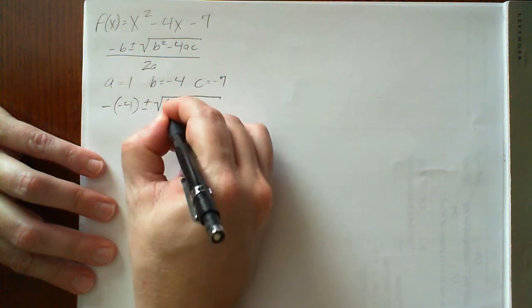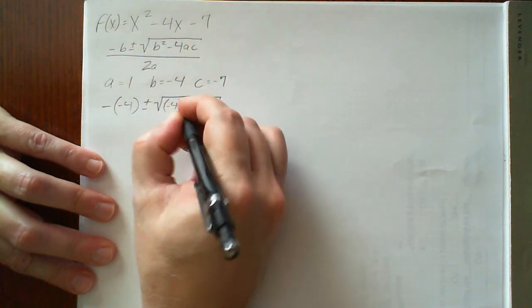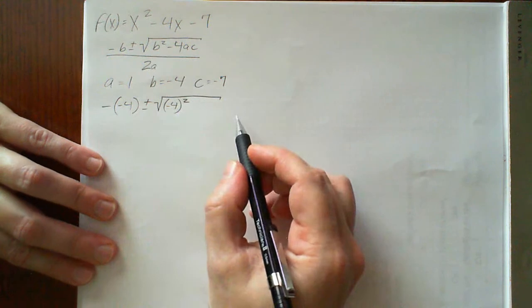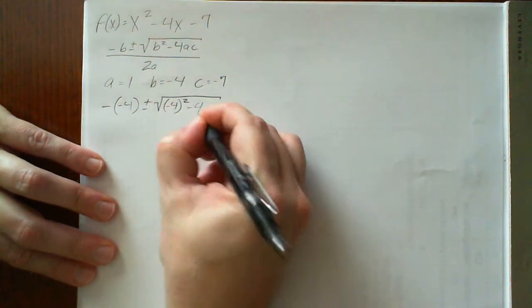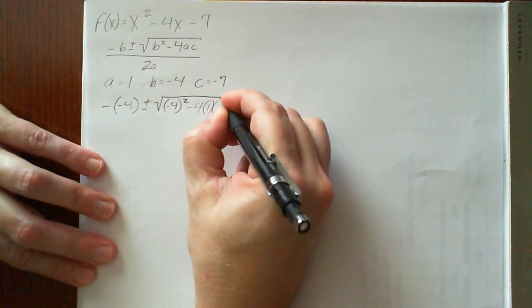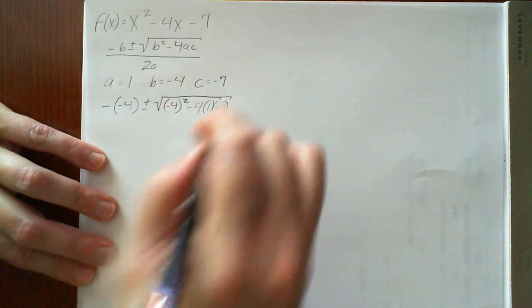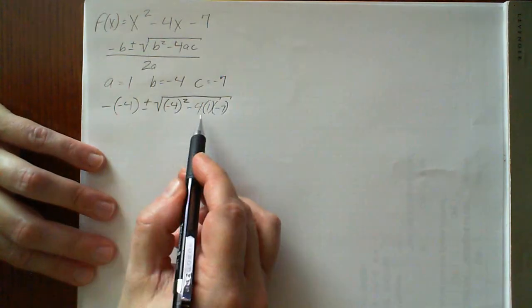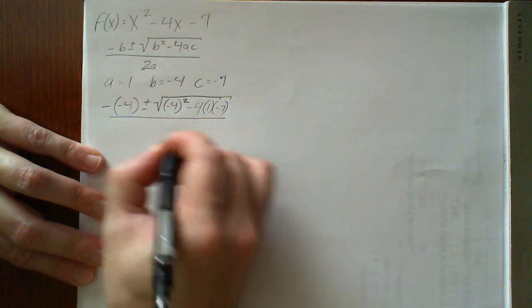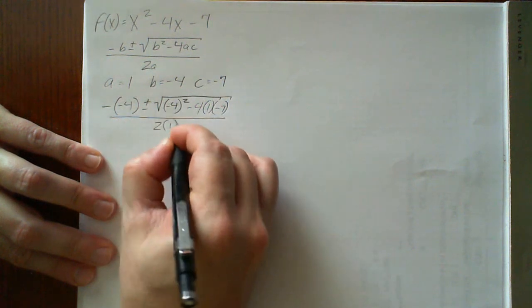Okay, so b squared. Again, the parentheses are important. All right, so I've got all my values plugged in. At this point, we're just going to simplify.